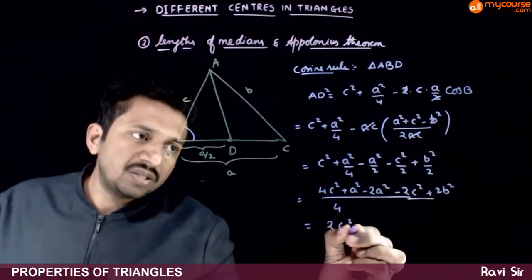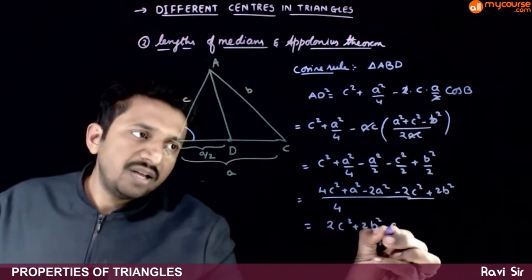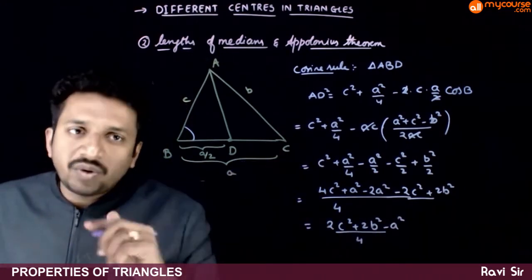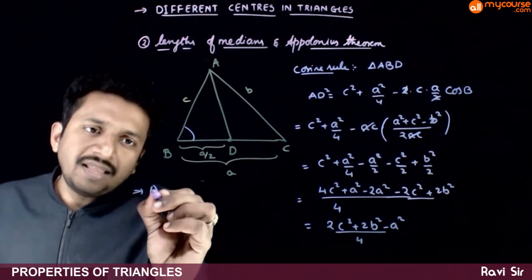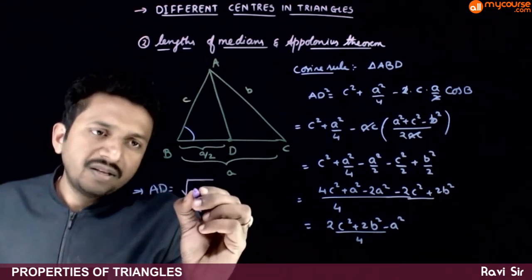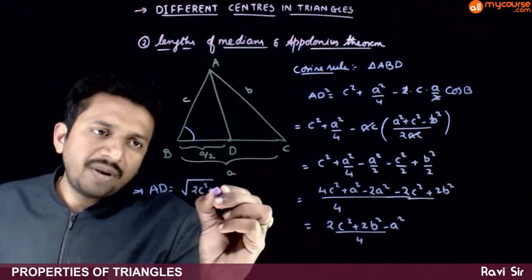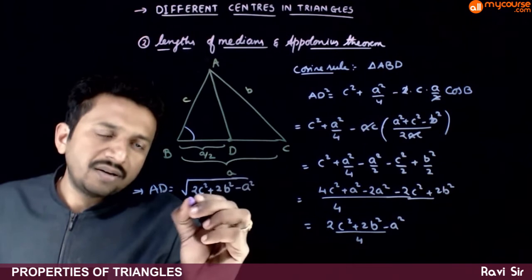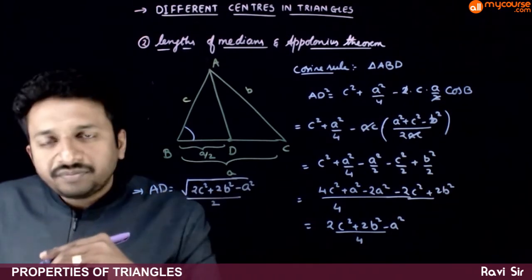So 2c square plus 2b square minus a square by 4. This is AD square. Hence, the length of median AD is equal to root of 2c square plus 2b square minus a square divided by 2.